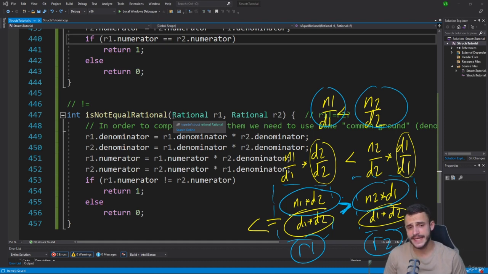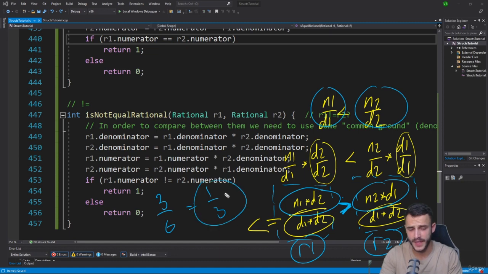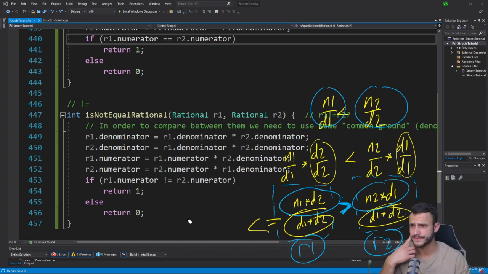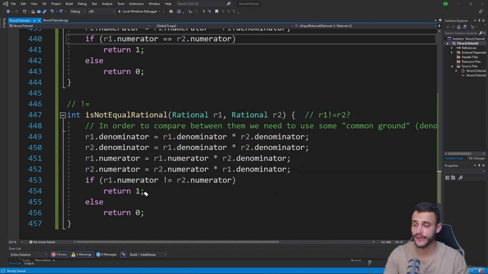And lastly, understand that this exercise can also be extended, and we can add operations like flip a rational number, and then we can also add a function called reduce to simply, if we have this value, instead of keeping it this way, reduce it to be like 1 divided by 3. But that's not for this video. That's something you can do also on your own, or maybe we will do in another video. Not sure about it, probably not. But yeah, this is it.